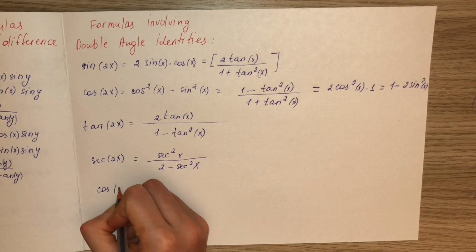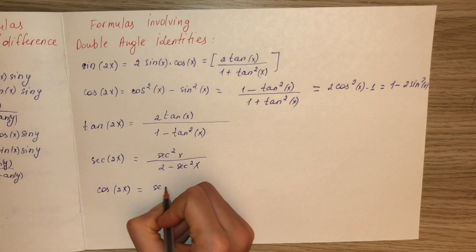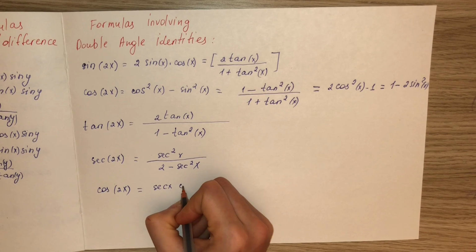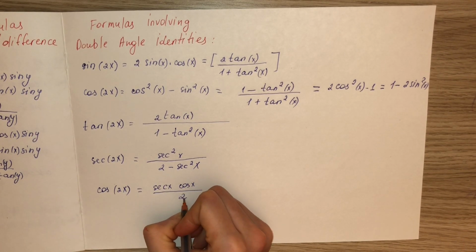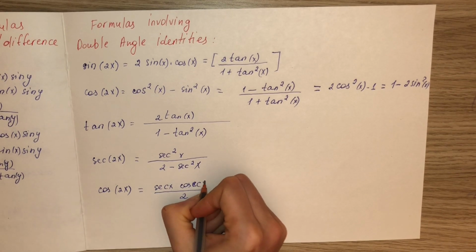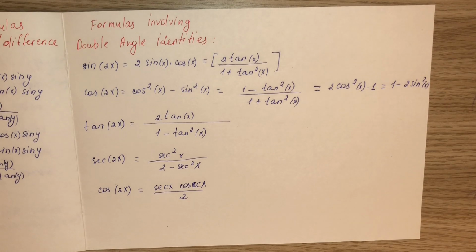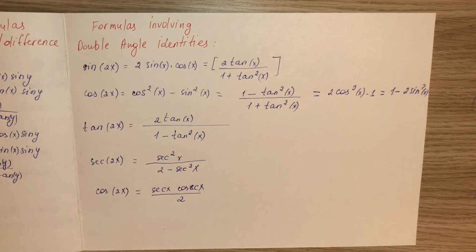Cosecant 2 times x is equal to secant x cosecant x over 2. Let me write cosecant x over 2. So these are the trigonometry formulas involving double angle identities.